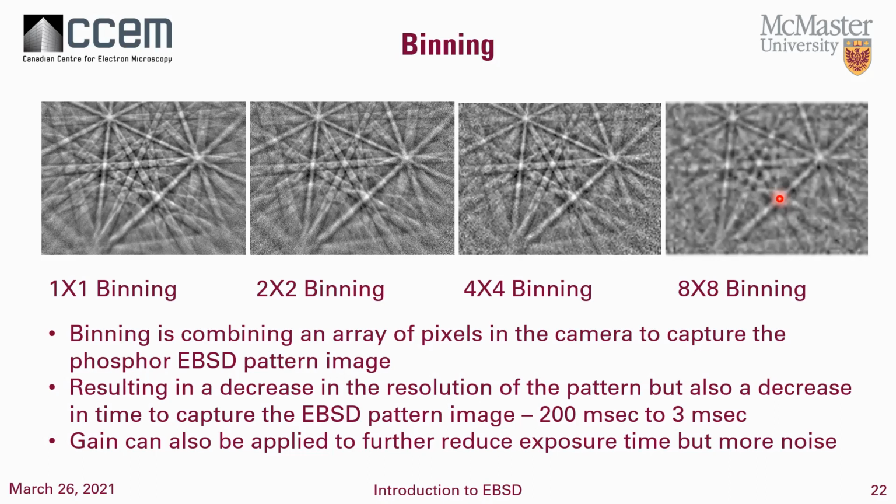You can go from a 200 millisecond exposure per pattern to a 3 millisecond exposure down here. So it can quite speed up the collection of data. And we're still able to analyze this pattern and figure out the phase and orientation. There's enough information here for the computer to calculate that for us. Another thing that can be applied is gain to the camera to further reduce the exposure time, but at the expense of more noise.